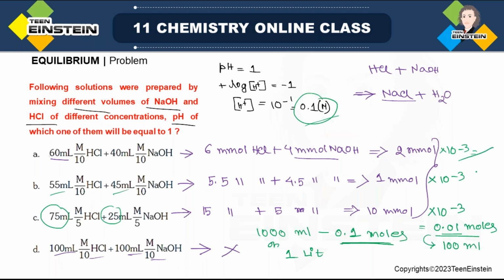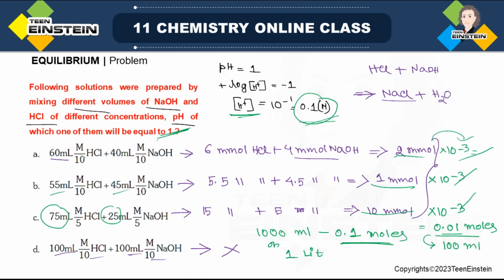From this we are getting an acidic solution, but just being acidic is not enough, because all these three are acidic. We have to find the option where the acidity is such that pH is equal to 1, and pH 1 means molarity is 0.1. So just calculating the number of millimoles is not enough. Once you are done with the calculation of millimoles, next you have to convert it to number of moles.